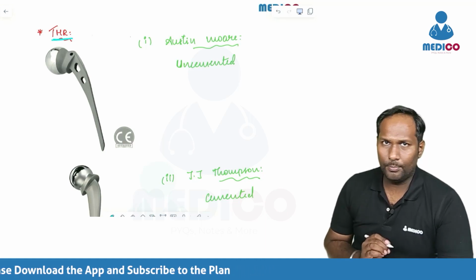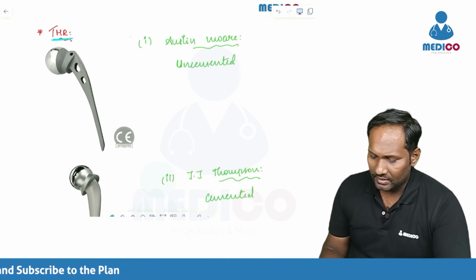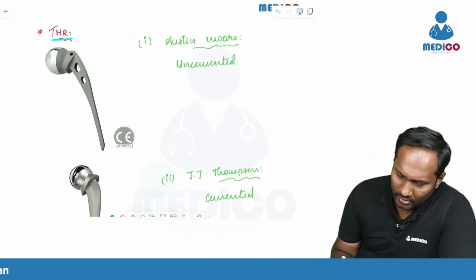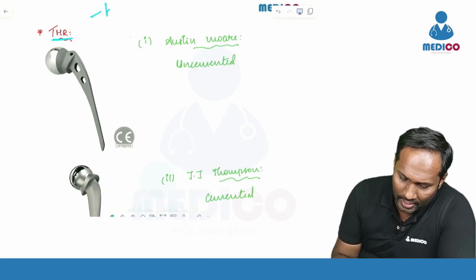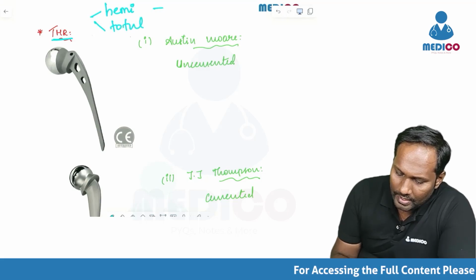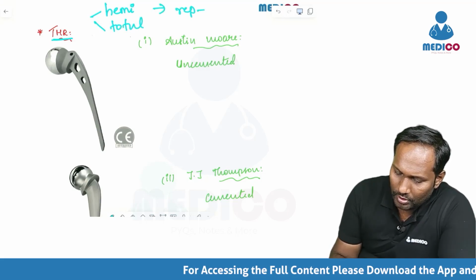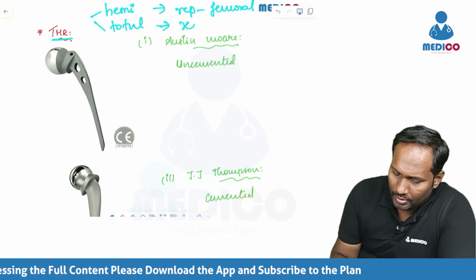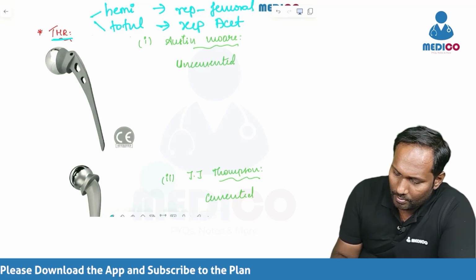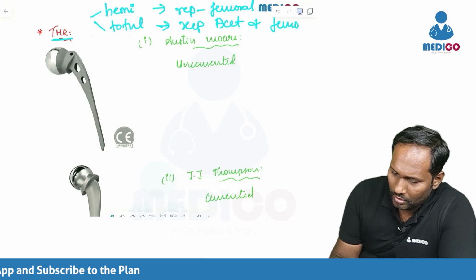Now let's move on to total hip replacement prosthesis. Basically, you have to know that in hip replacement, you have a hemi and a total. In hemi, you replace only the femoral component. In total, you replace the acetabulum and the femoral component.